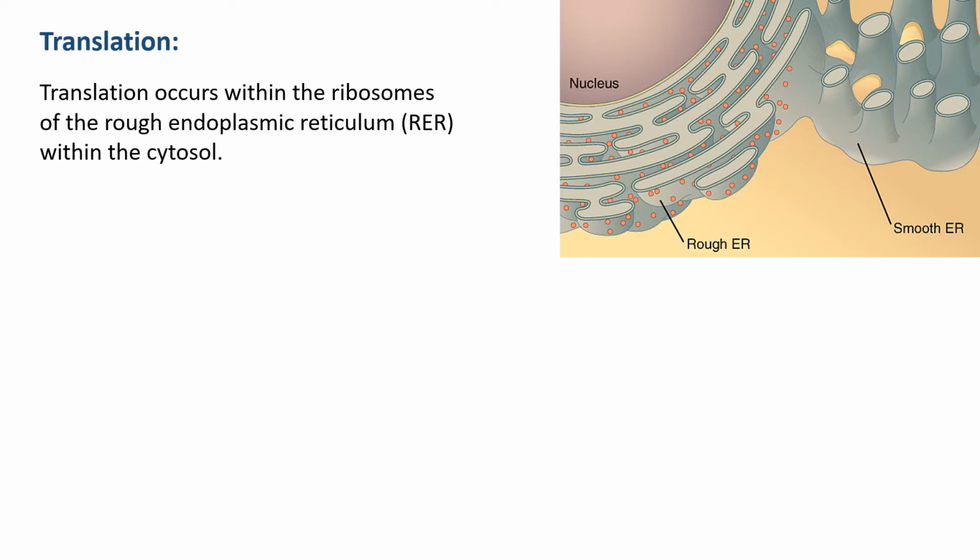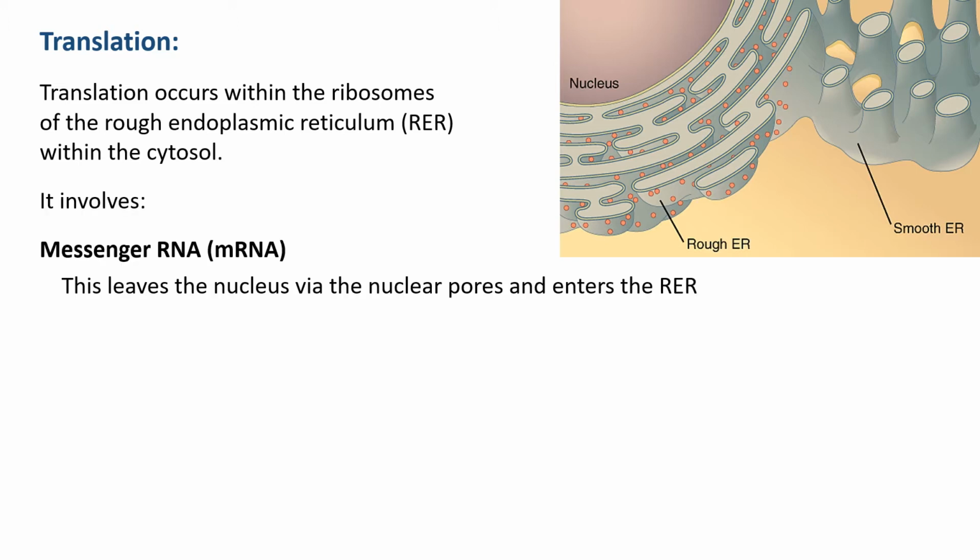So it leaves the ribosomes behind. Translation involves obviously our messenger RNA, otherwise it would be pointless making it. So as we said, this leaves the nucleus via the nuclear pores and enters the rough endoplasmic reticulum.